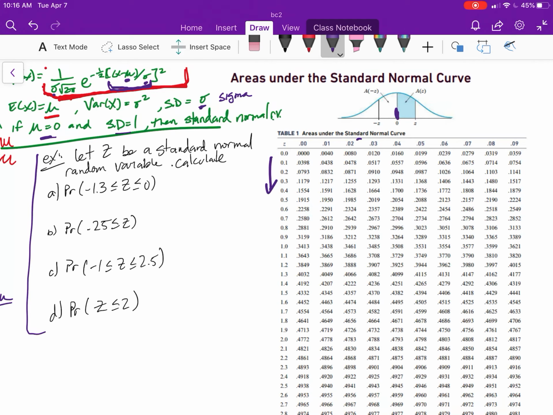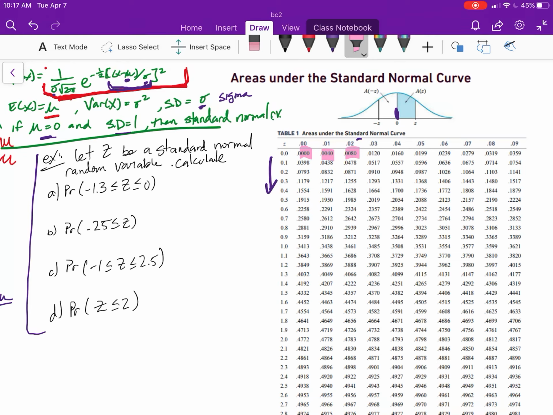So at 0.00, we know it should be 0, right? But as you start moving, 0.01, we get this area. 0.02, we get this area, and so forth. This will make much more sense with some examples. Now, what it does not give is the area to the left of the curve, like the negatives.